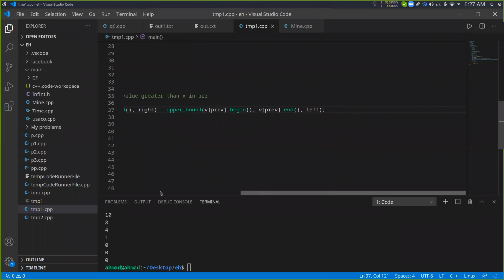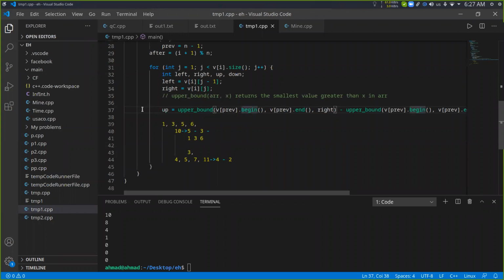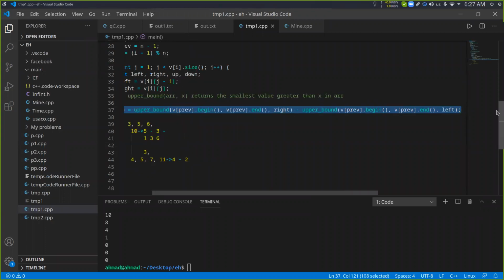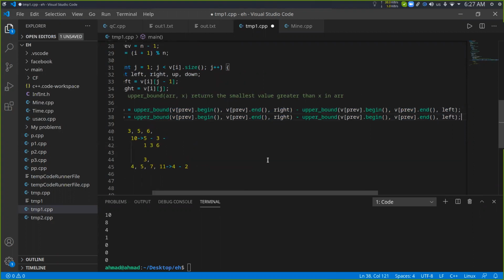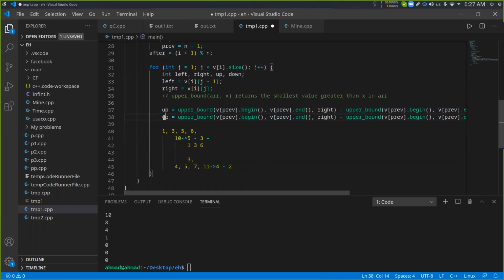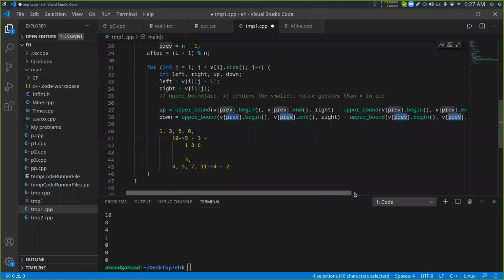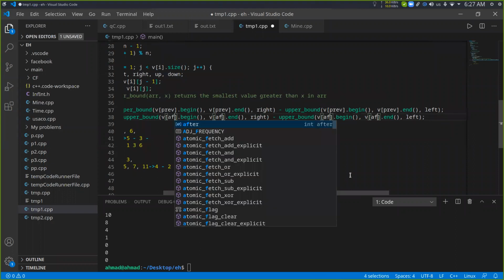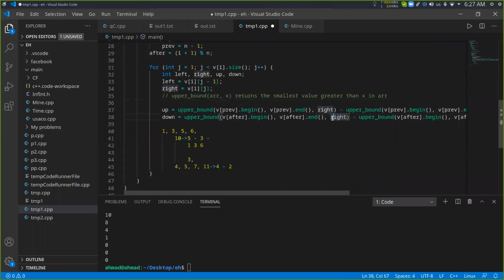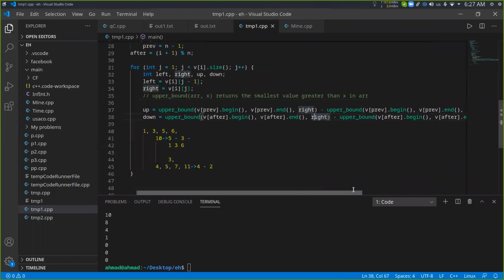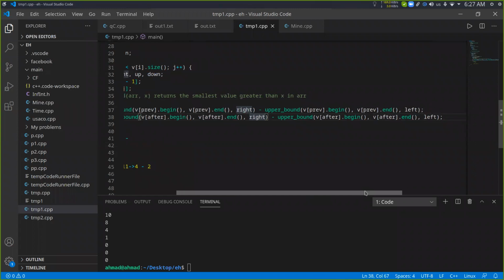Okay, and then at down we'll do the same thing, but for the after array. Okay, here down goes upper bound, after. Okay, that's it.